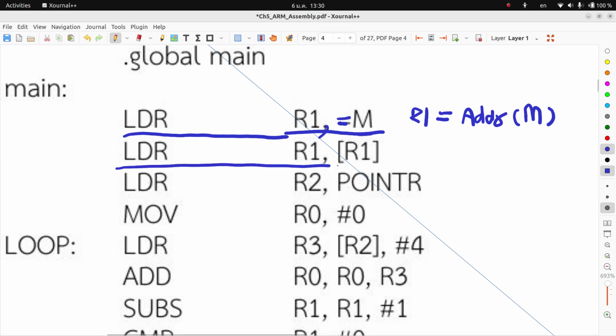And the next is R1 equals to memory of R1. What does it mean?